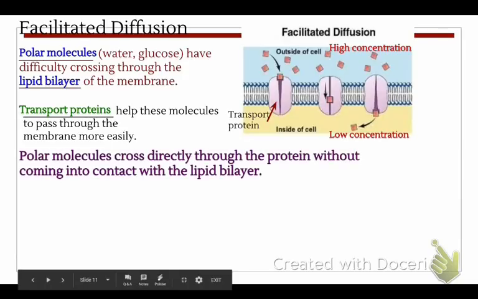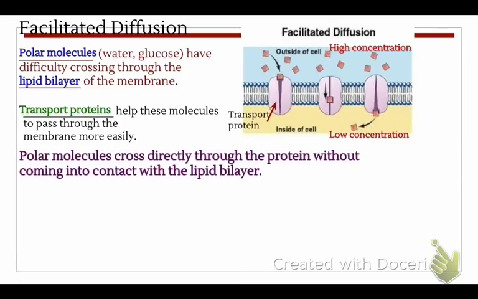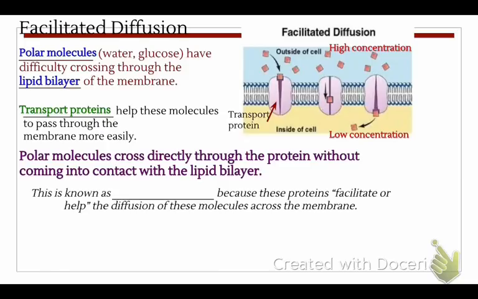Okay? So polar molecules cross directly through the protein without coming into contact with the lipid bilayer, which makes it really easy. Okay, this is known as facilitated diffusion because these proteins facilitate or help with the diffusion of molecules across the membrane.